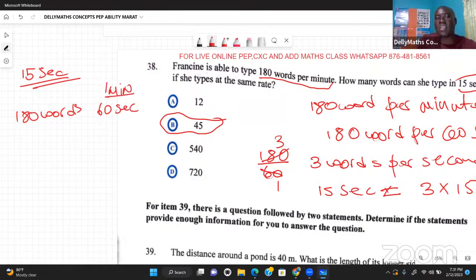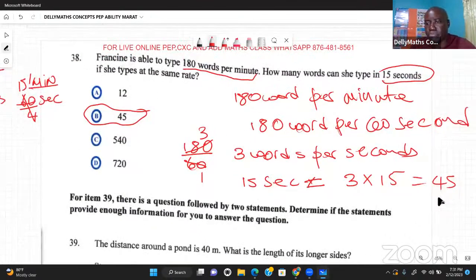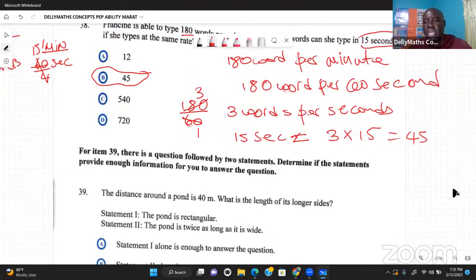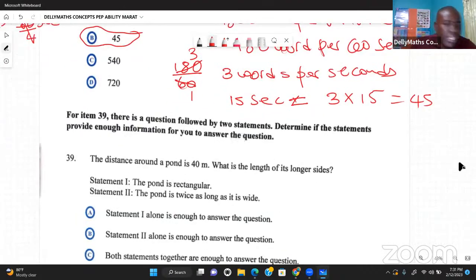But how does 60 seconds turn into 15? If I divide this by 4, I get 15. That means I have to divide this by 4, and it balances back. So if I divide it by 4, I'll get 15 seconds, and if I divide this by 4, I'll get 45 words. So there's another way that you could approach it. Whichever way you find suitable for you, use it. None is easier. It's about how you interpret it and how you feel.